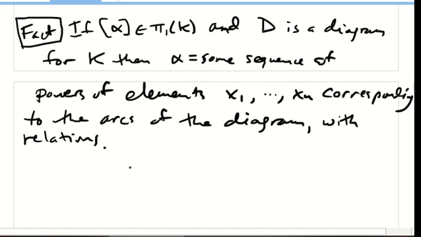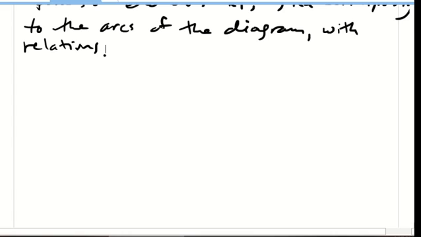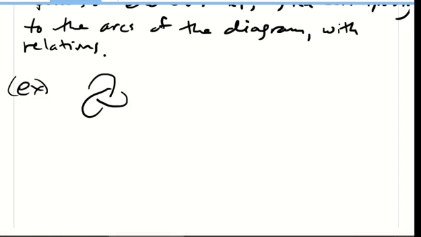So, for instance, in the case of the trefoil, right, there are three arcs, x1, x2, x3, and a base point out here, x0, right?